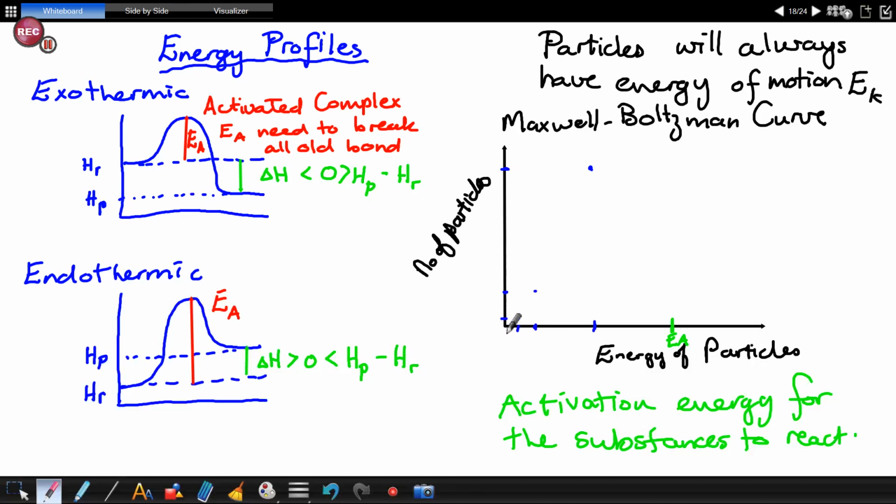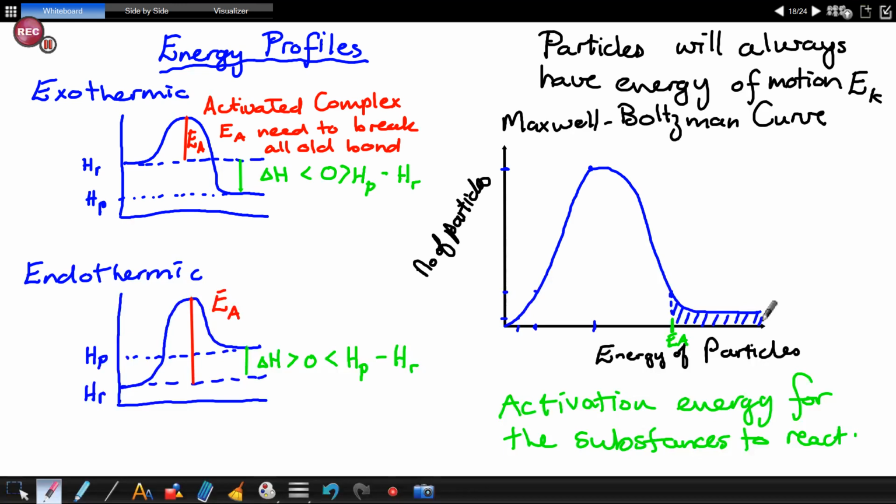Now this curve, when you draw it for all the values, looks something like this. A very small amount of particles will have energy that is equal to or higher than the activation energy. So this part of the graph symbolizes the particles that have activation energy and higher.